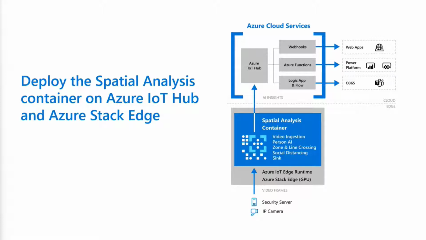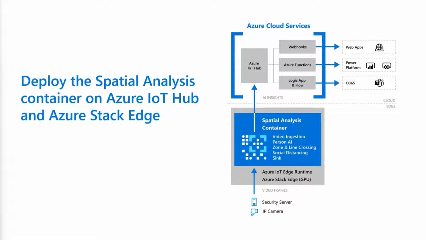So depending on the sizing of the server that you want to run the spatial analysis on, you can run something between 30 and 40 streams per T4 GPU. It's something that's great. If you start to calculate the return on investment, the number of camera streams versus the number of GPUs you need to invest in, you're going to see that it's really valuable.